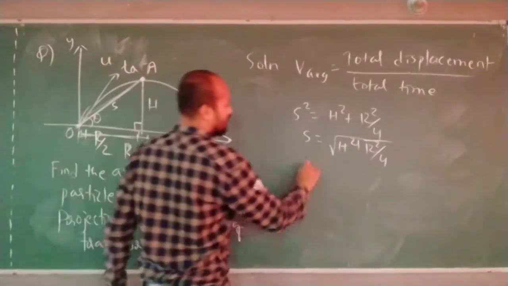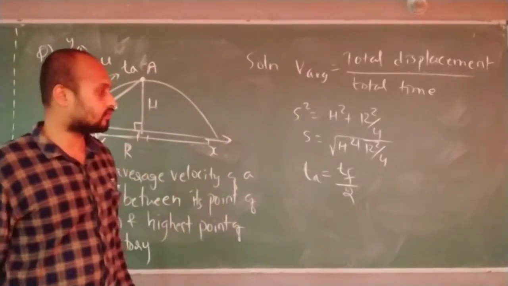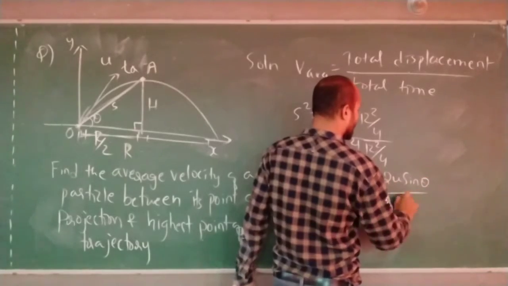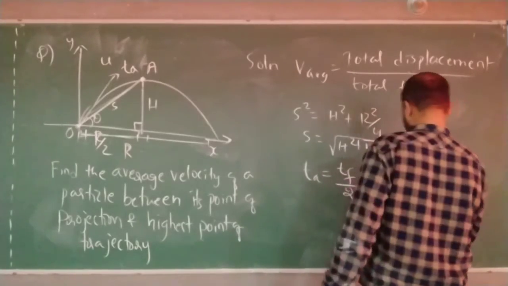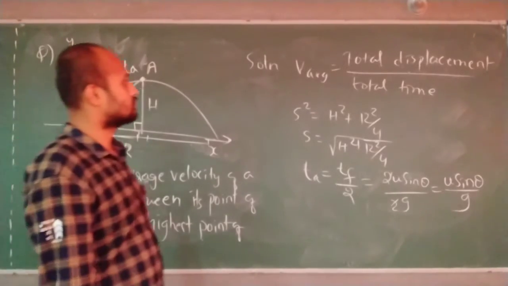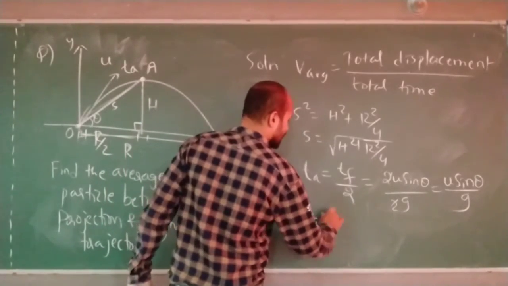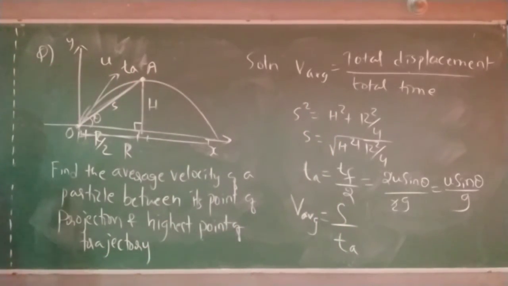TA, time of ascent, is nothing but total time divided by 2, time of flight divided by 2, which will be equal to 2u sin theta by g divided by 2. So it will become u sin theta by g. TA is equal to u sin theta by g. So average velocity is equal to S by TA.